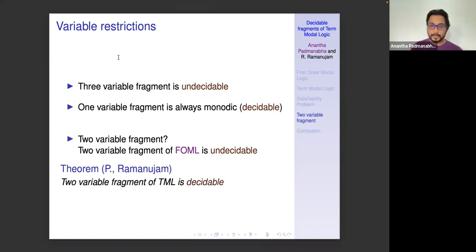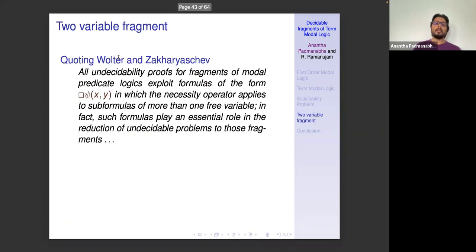And in the rest of the talk, I will try to tell you a brief proof idea of how to prove that the two variable fragment of term modal logic is decidable. Now, when Wolter and Zakharyaschev proved that the two variable fragment of FOML is decidable, they say the following.